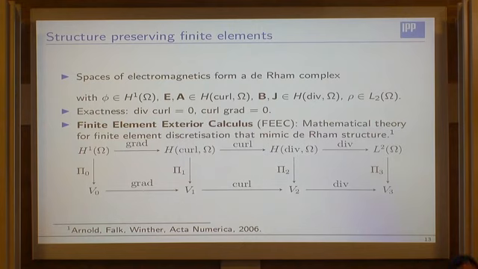And for the method without curvilinear coordinates, if you have a Cartesian grid, then you can quite easily design such structure preserving finite element spaces based on this finite element exterior calculus theory, where you have a commuting diagram between your numerical spaces and the continuous spaces.